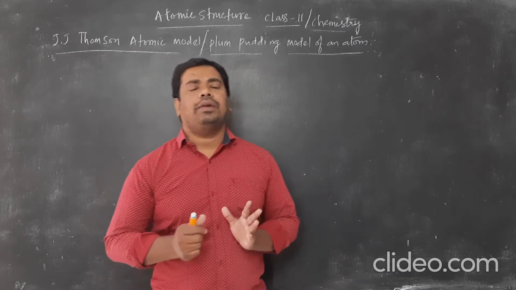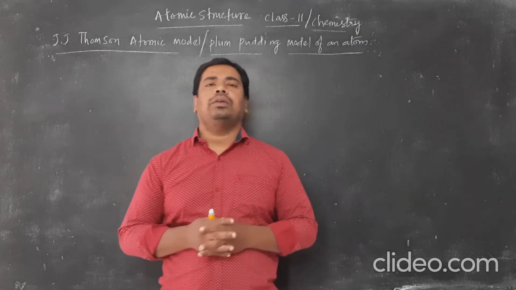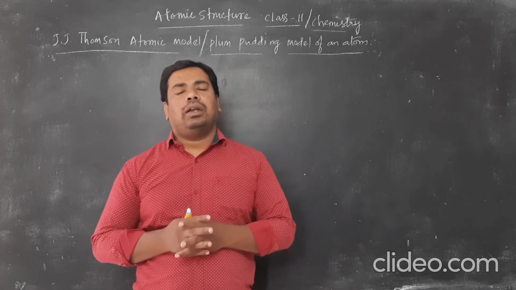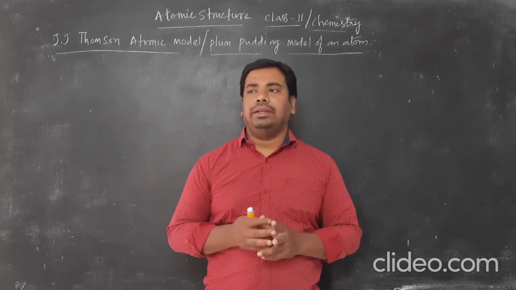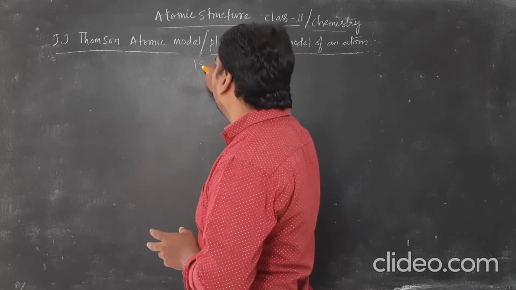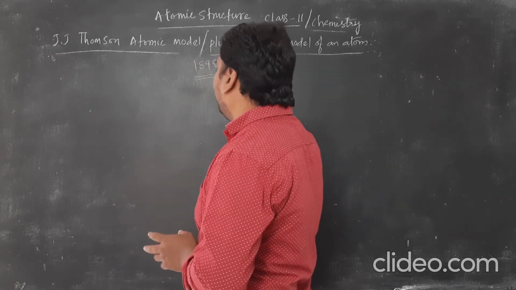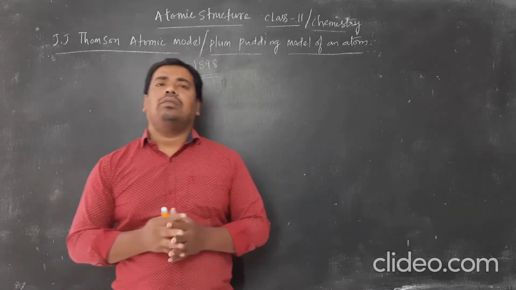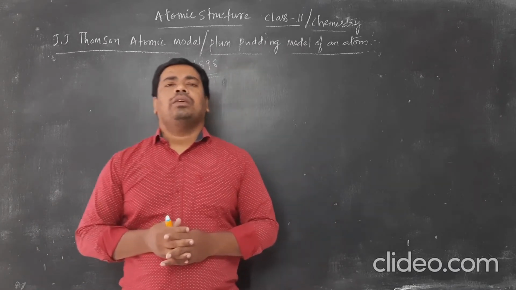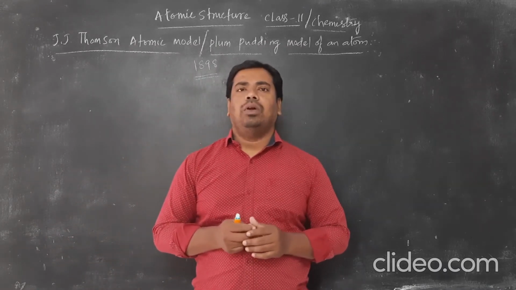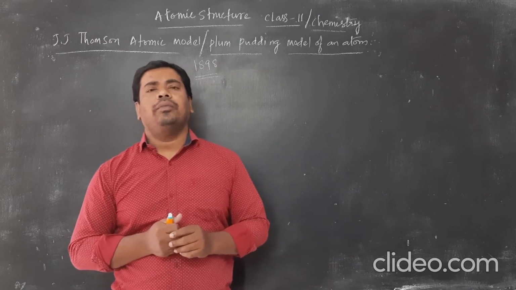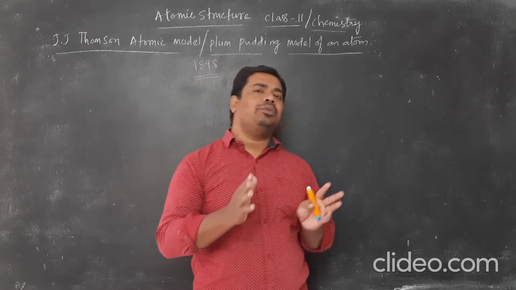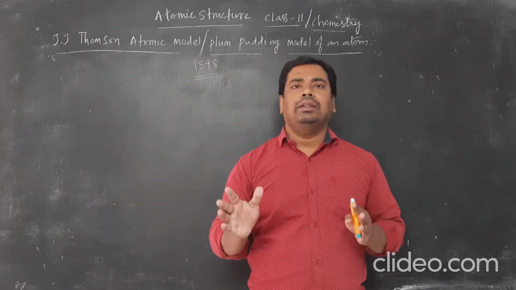After the discovery of electron, proton, and neutron, J.J. Thomson proposed his atomic model in 1898. We know very well that the electron was discovered by J.J. Thomson. According to the J.J. Thomson atomic model, the electrons are negatively charged particles present in the atom.